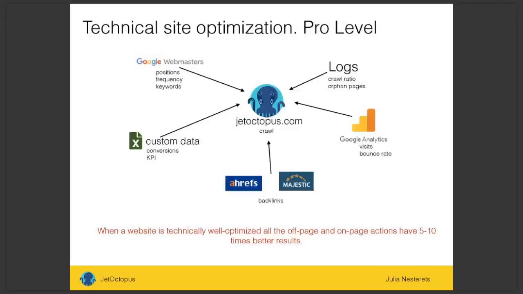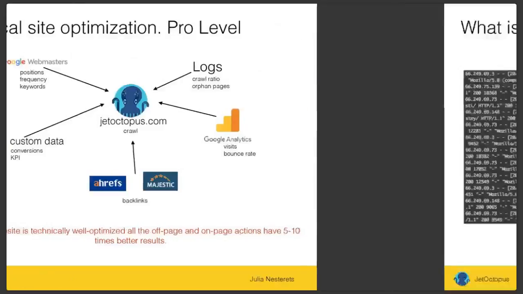It is better to act based on the exact state of issues at your website right now, and you get all this information from these different tools. Later we will talk about logs, especially what information you get from the logs. And when a website is technically well optimized, all the off-page and on-page actions have 5 to 10 times better results, out of our experience.